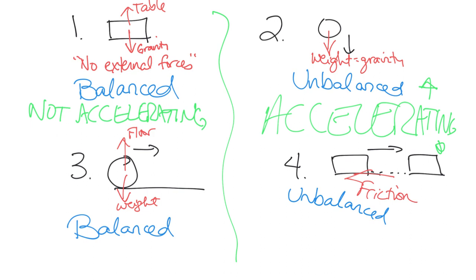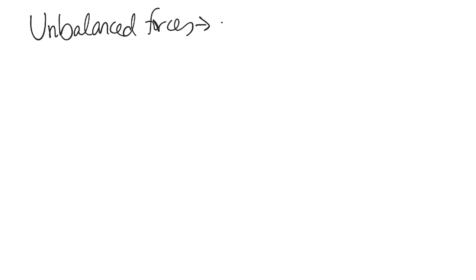But do you see with these 4 different situations that when we have unbalanced forces, and I'm going to write this on my next slide because it's so important, unbalanced forces means that the object changes its velocity.